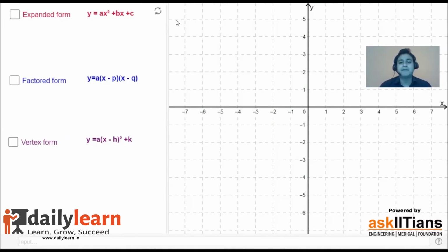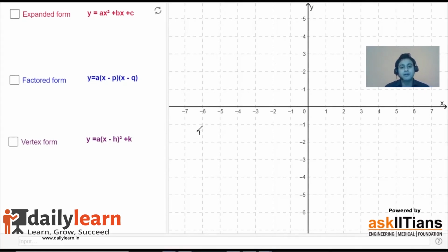Let's take a very simple example. Suppose I have x² - 12x + 38 = 0. I can very well express this as a whole square. Why not?